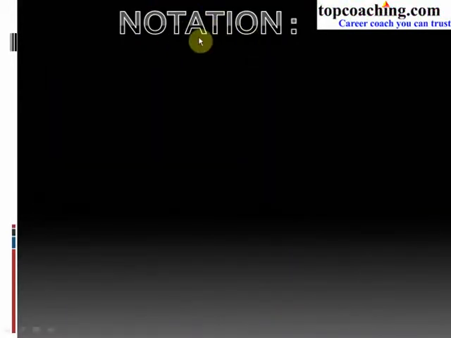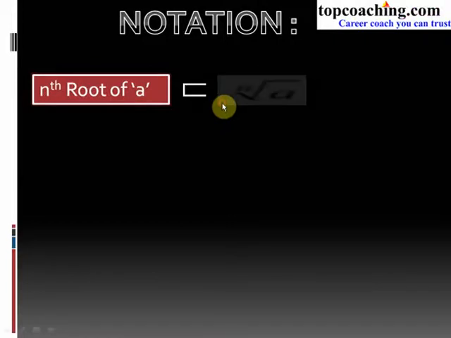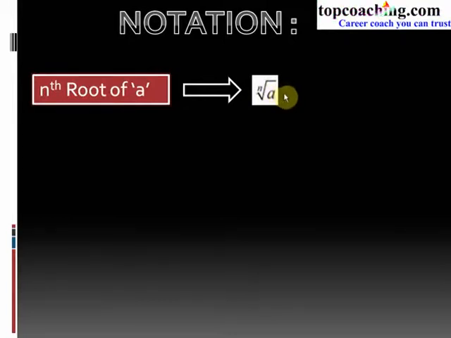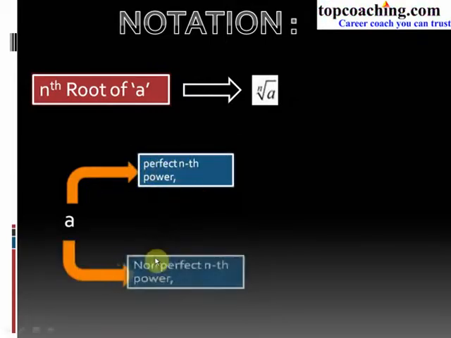Now let's see how we denote the nth root of any number a. The nth root of a is written as the nth root of a. This is an expression to denote that we are finding the nth root of the number a. Now there are two cases. Either a is a perfect nth power, or a is a non-perfect nth power.